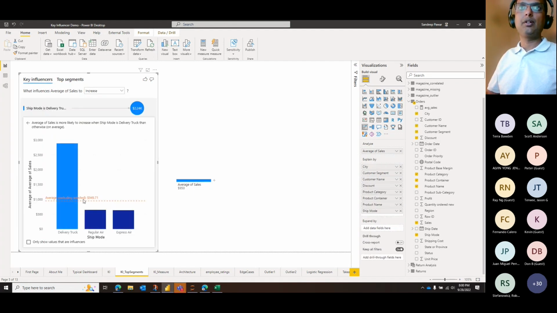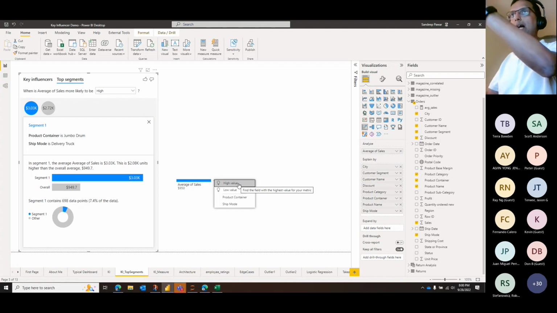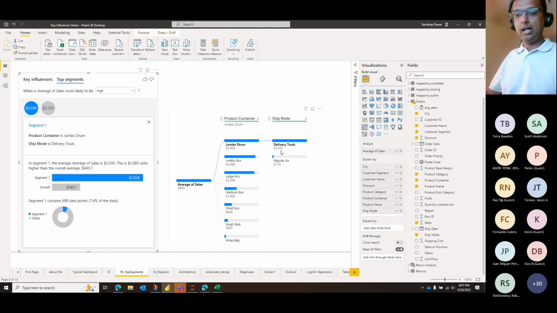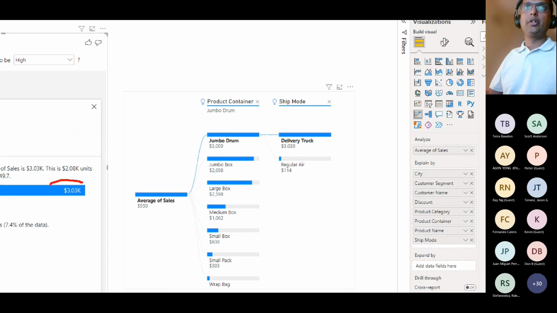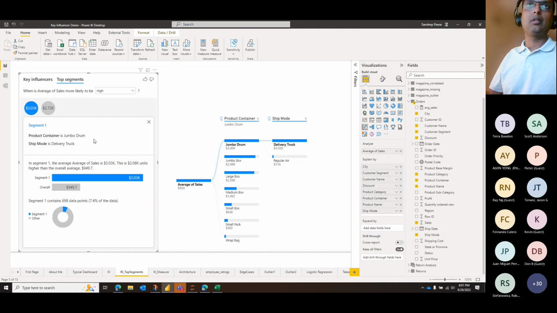If I click and ask what will make that average sales number high, it says jumbo drum. The next leaf takes me to delivery truck, and now look at this, 3,000. It's the exact same thing we got: the jumbo drum and the delivery truck.